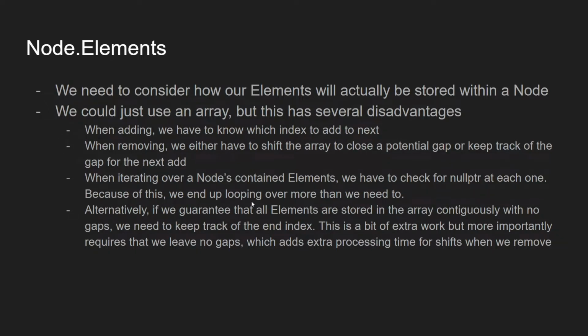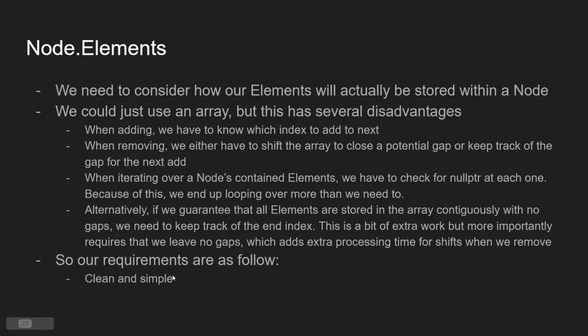Alternatively, we can guarantee that they are stored contiguously in the array, but then you have to do some extra processing when you remove. You potentially have to shift everything, which is not a huge deal because our threshold value is going to be very low compared to the order of magnitude of the total number of things we're storing, but it's just annoying.